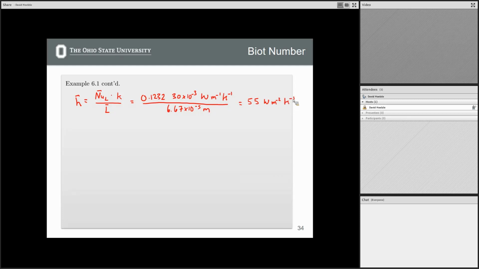The value of 55 watts per meter squared per Kelvin is actually in the ballpark of what a lot of simulations use for the convective heat transfer coefficient for these different modeling approaches. I've seen everything from the 30s to 50s.